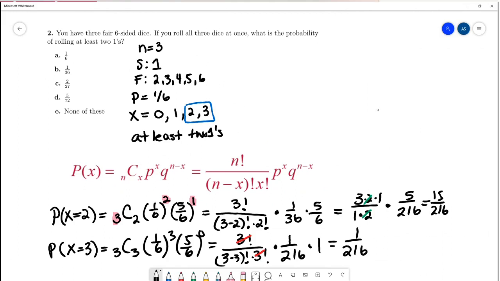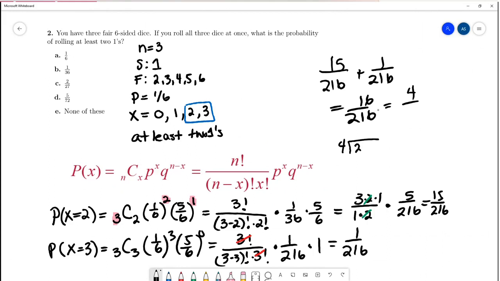We're going to add those two together. 15 over 216 plus 1 over 216 gives me 16 over 216. Let's reduce that. I know that 4 goes into each of them. 4 goes into 16 4 times. 4 goes into 216 54 times.